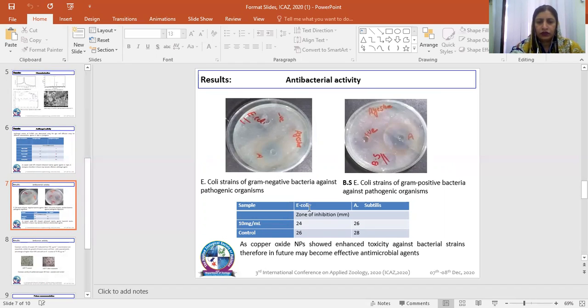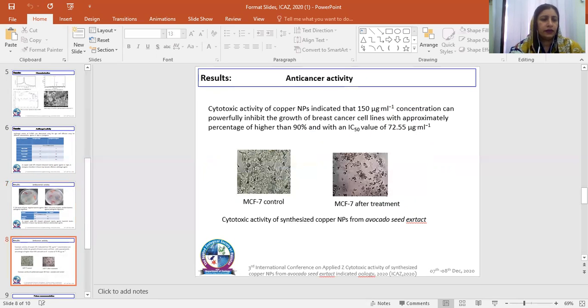The zone of inhibition for E. coli was 24 mm, and for Bacillus subtilis was 26 mm. It's a good antibacterial activity shown by the synthesized copper nanoparticles.